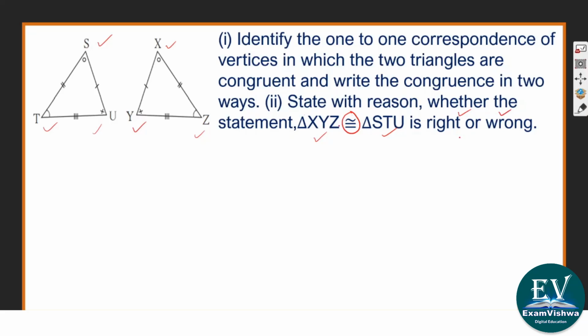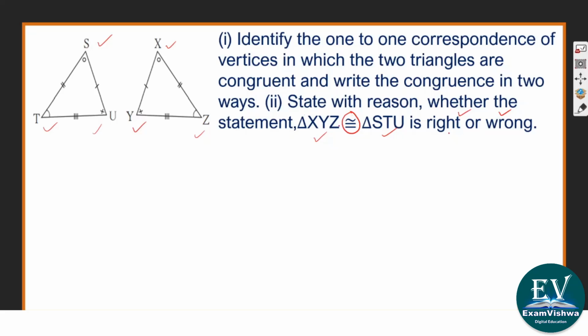On observation, we can feel that they are okay, and it appears to be corresponding. But we should check whether the correspondence is matching, because that is the most important thing and the most common error.